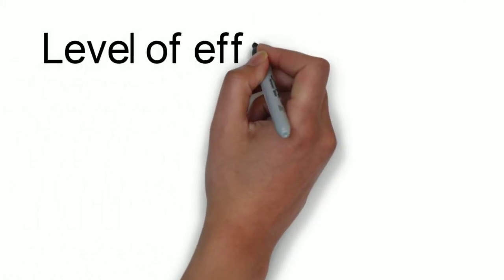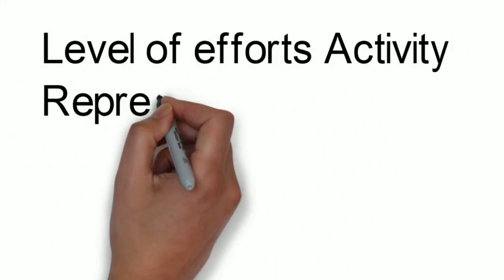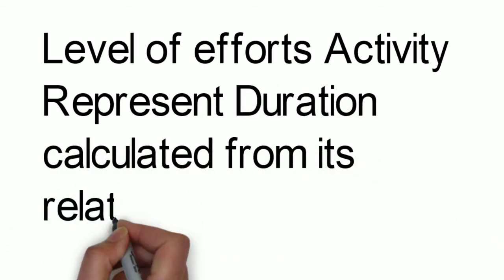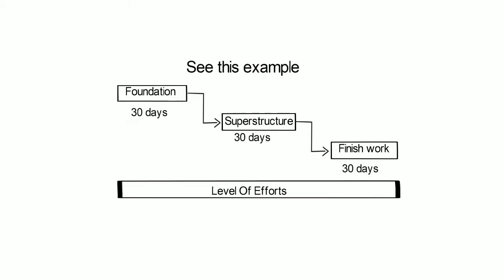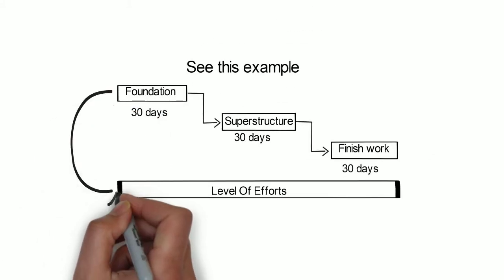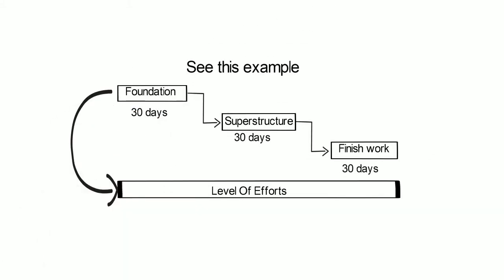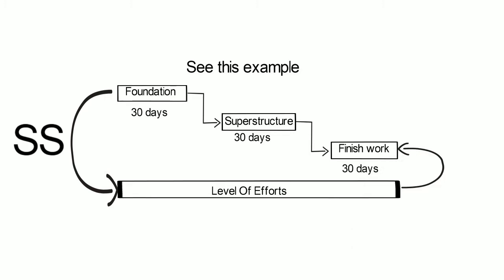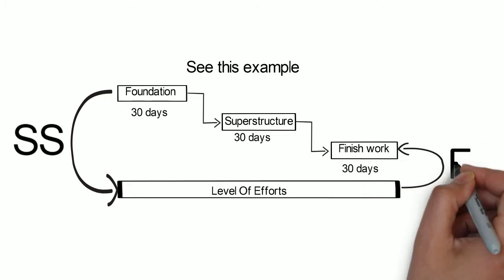Level of efforts activity represents a duration calculated from its relationships. Here are the relationships. Foundation and level of effort relation is start to start. Finish work and level of effort relation is finish to finish.